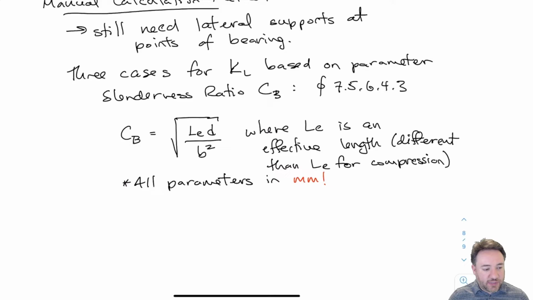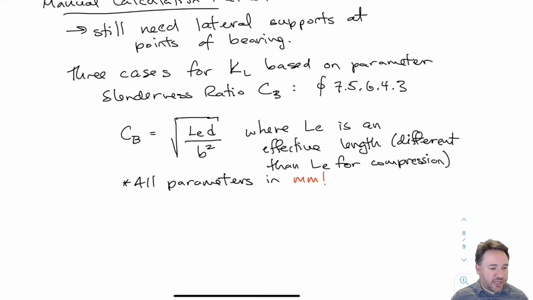This is similar to what we had before for compression buckling, where we had an effective length, which was a K times an L. This one is a different effective length, and there is still a K, but instead of getting the K from the boundary conditions like we did for compression, and we had that table in the appendix to the standard, here we're going to determine that K basically from a table, and we're not actually going to even bother to call it K.